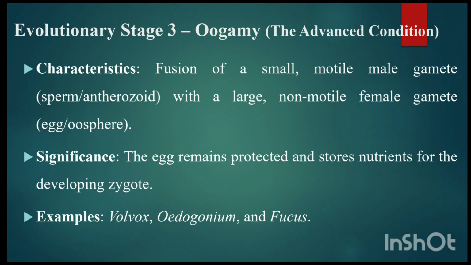It is common in higher groups of algae like Volvox, Oedogonium, Fucus, and many brown algae. This method allows for efficient fertilization in aquatic environments, often with specialized jacketed gametangia.